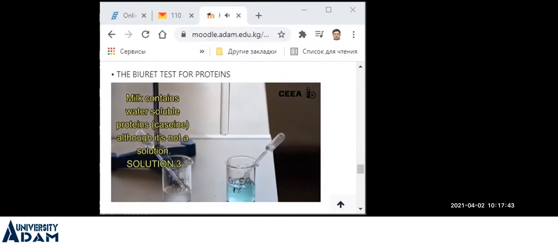Milk also gives a positive reaction for the biuret test.